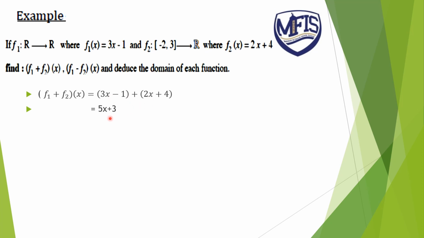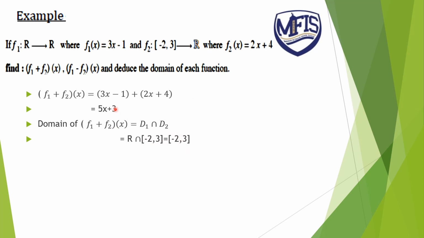Then f1 plus f2 equals 5x plus 3. Okay, let's get the domain of this function. The domain of the first rule is R, and the domain of the second rule is negative 2 to 3. Then the domain of f1 plus f2 is the intersection between D1 and D2, which equals negative 2 to 3 closed.